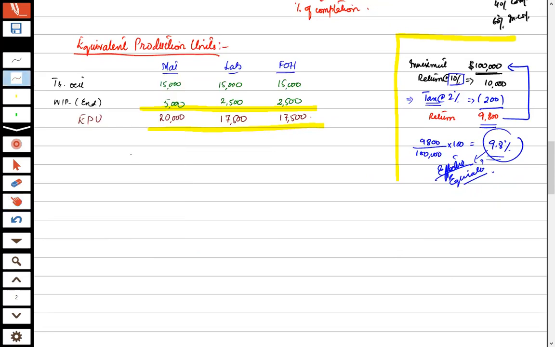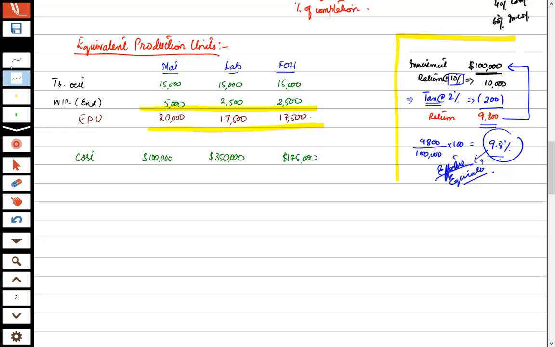We have given the cost of material, labor, and FOH that have been applied in the process. So material cost was $100,000. Labor cost was, let's suppose, $350,000, and FOH cost was, suppose, $175,000.